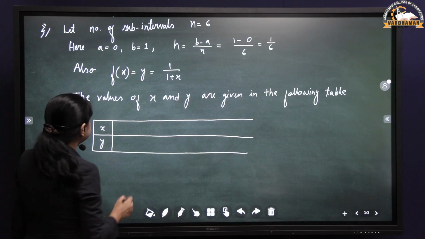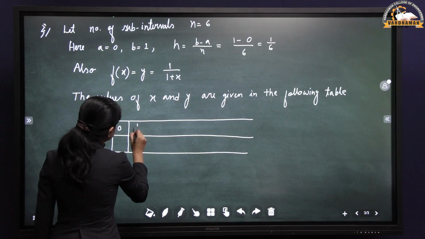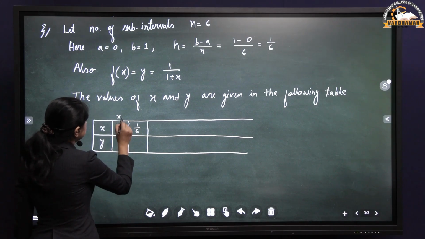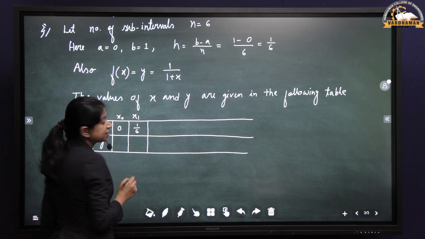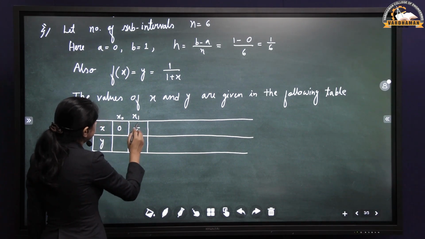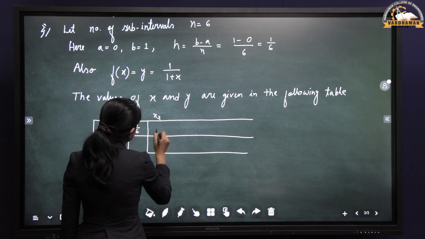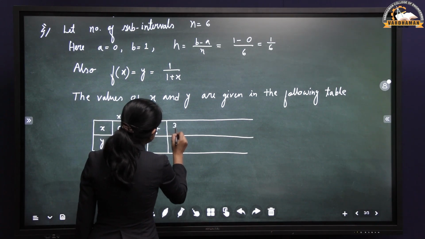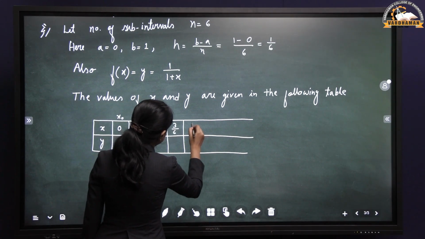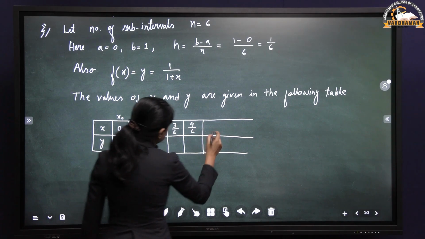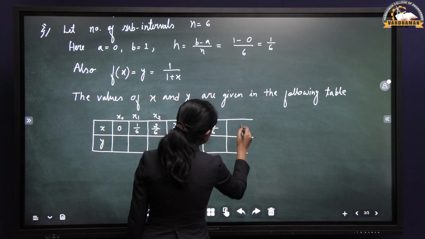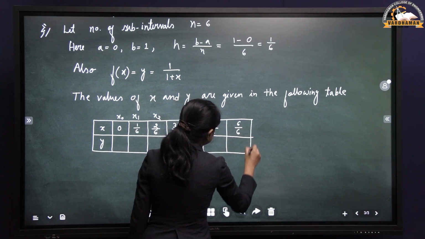So x values are starting from 0, this is x0, this is x1. x1 means x0 plus h, so it will be 1 by 6, x2 will be 2 by 6, x3 will be 3 by 6, x4 will be 4 by 6, x5 will be 5 by 6, and x6 will be 6 by 6 equal to 1.